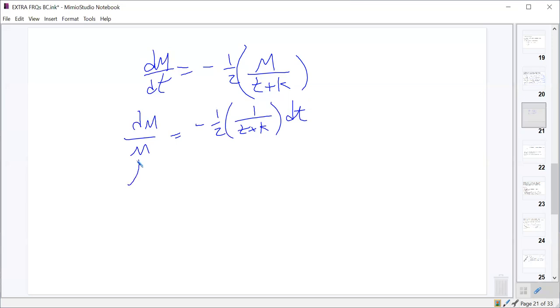And so both of those should integrate fairly easily. Natural log absolute value of M. This one is just a -1/2, and then this one becomes natural log absolute value of t plus k plus some constant. Everybody good with that so far?